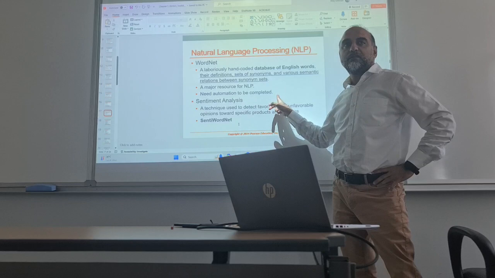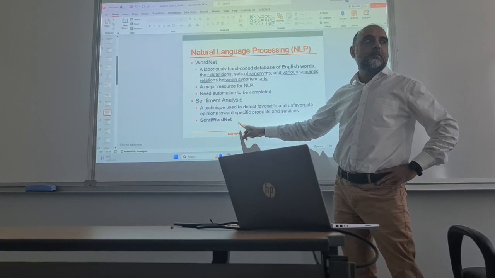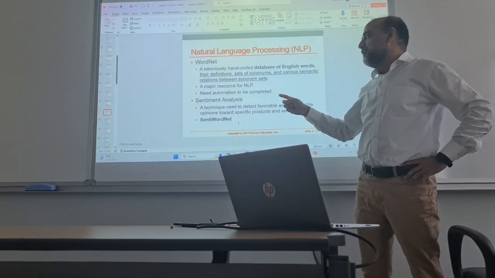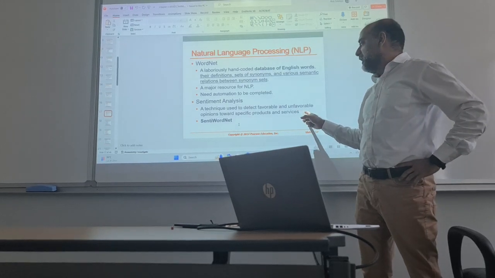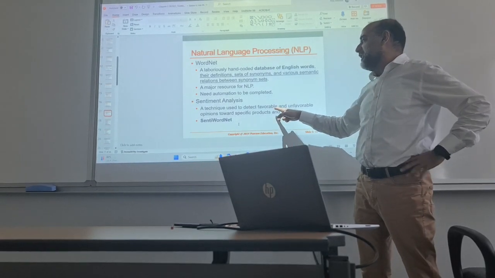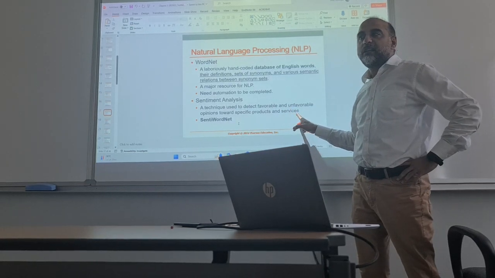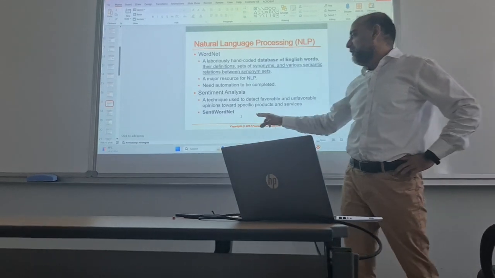It's a major resource. There can be word nets for specific purposes, such as something called SentiWordNet. If you're doing sentiment analysis, the example of which I gave you in Orange, it's a technique to detect favorable or unfavorable, good or bad, emotional, positive, negative. And we have a word net for that.